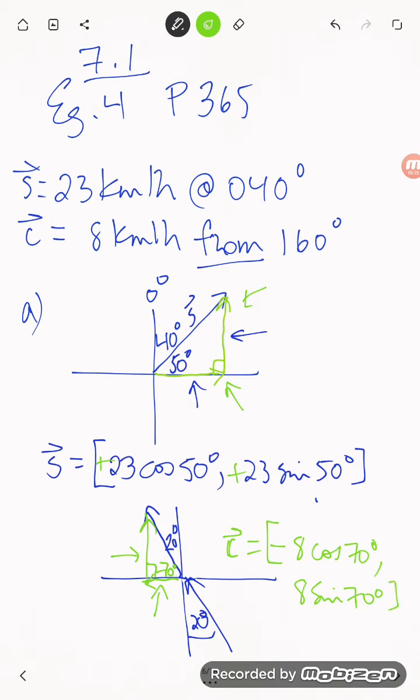Now, the beauty of this is that if you've done all of this correctly and you have the correct Cartesian vectors for both the ship's velocity and the current, then it is quite a bit easier to find the resultant than it was with geometric vectors. So let's just go over to the next page. So what we have is that the ship's velocity as a Cartesian vector is 23 cos 50 degrees, 23 sine 50 degrees.